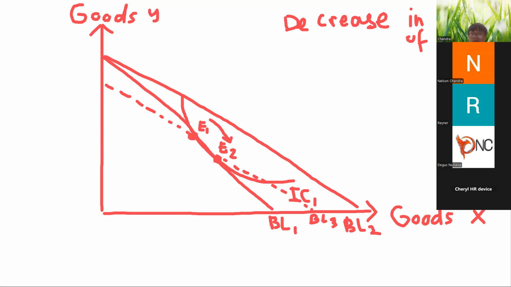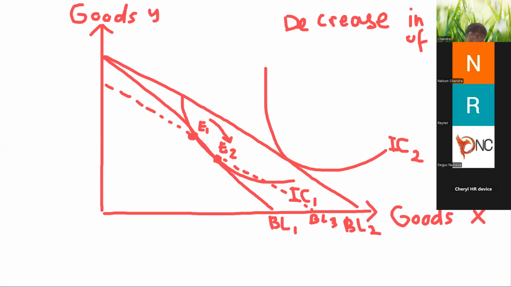We now know, or we have to understand now, what type of good is good X. If good X is a normal good, then E3 would be here. This will be indifference curve 2, to be consistent.